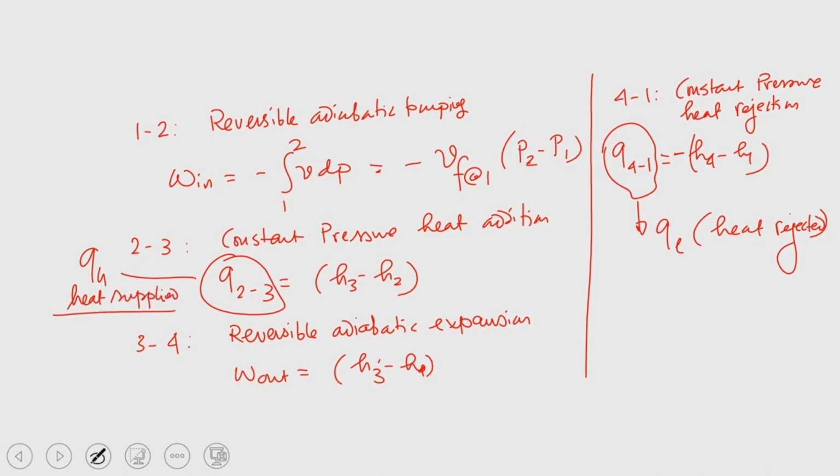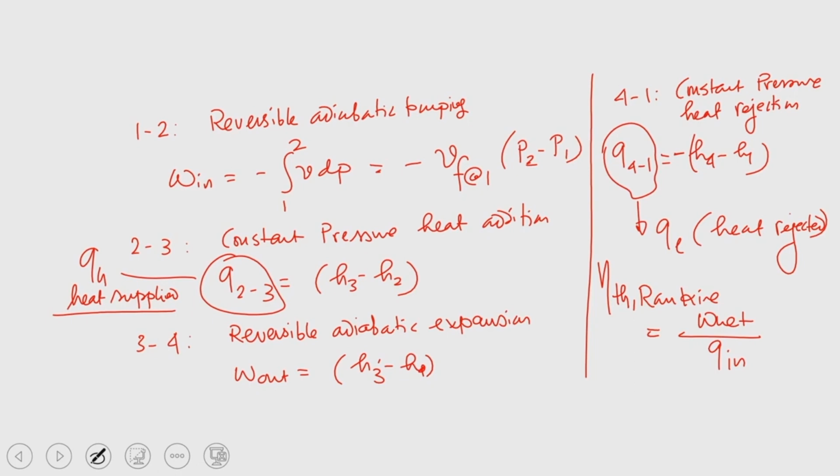Right. So, what we can do is quickly calculate what would be the efficiency. So, the thermal efficiency of the Rankine cycle should be again W net by Q in.